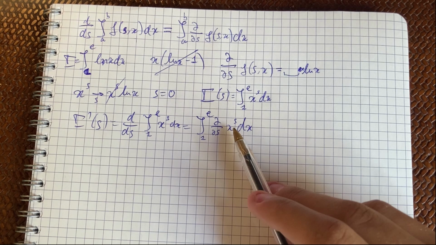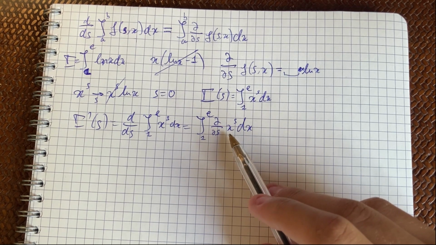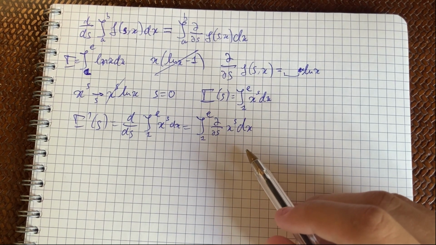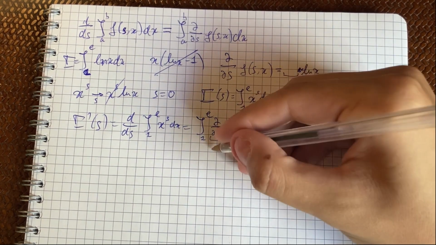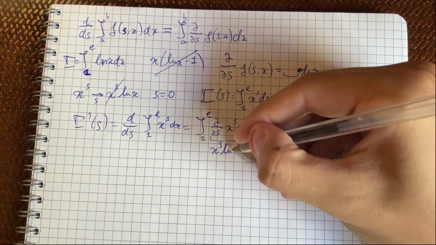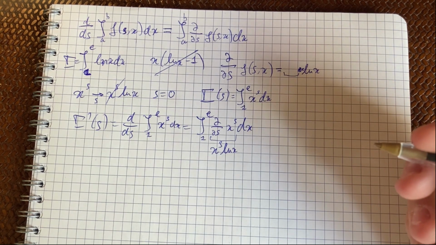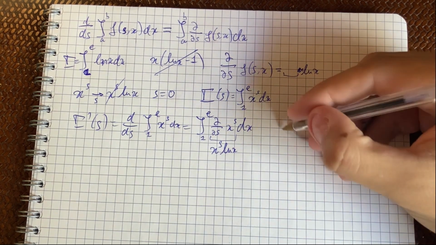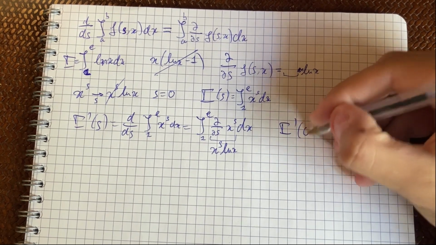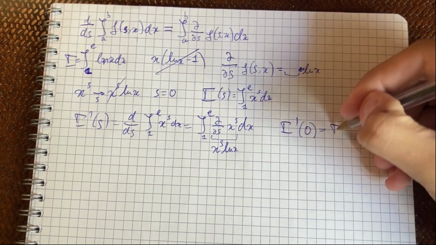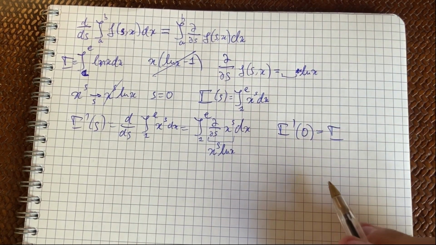Since we differentiate with respect to the power and the base is a constant, we obtain x to the s power log x. Taking s equals 0, we get our integral I. This means I prime of 0 equals I, the integral we're looking for.